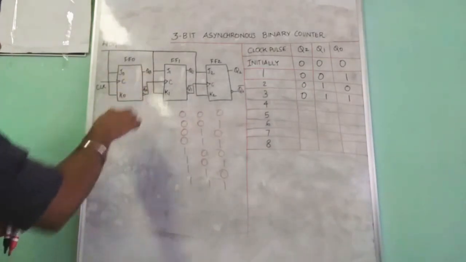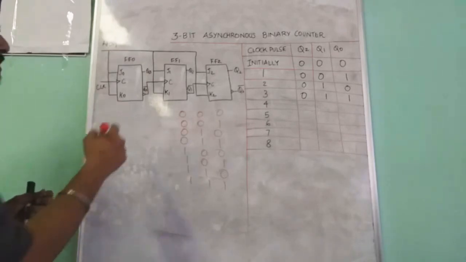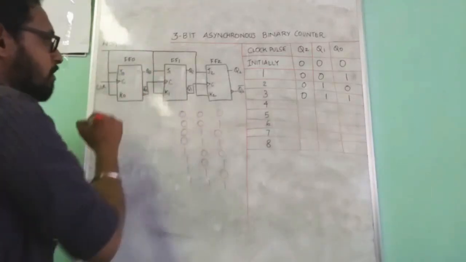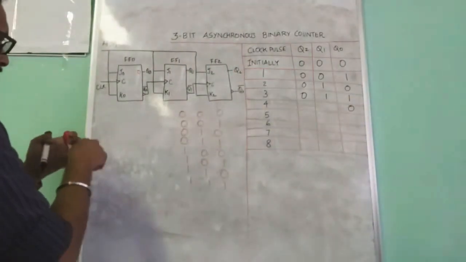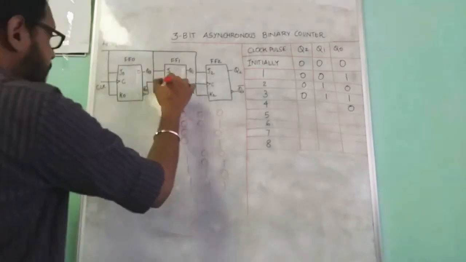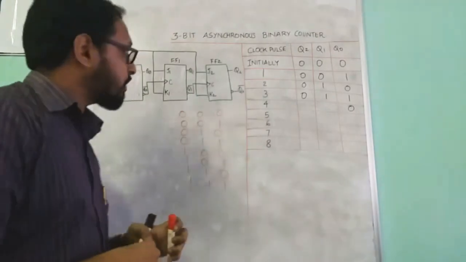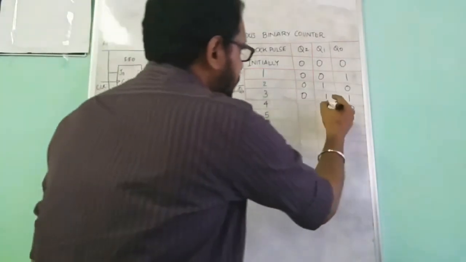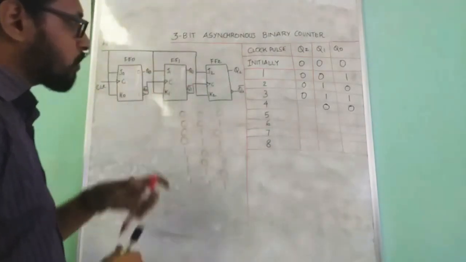Next, the value of Q0 is 1, which means the next clock pulse makes it 0. So we write this here as 0, and the bar will be 1. The 1 will go to this particular place, and the value of Q1 should change because it is positive edge triggering. Q1 had the value 1, now it becomes 0.